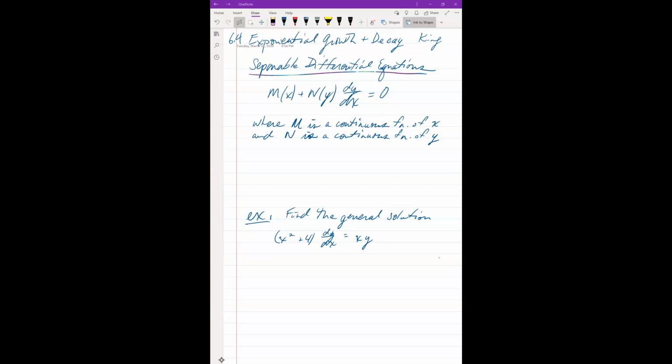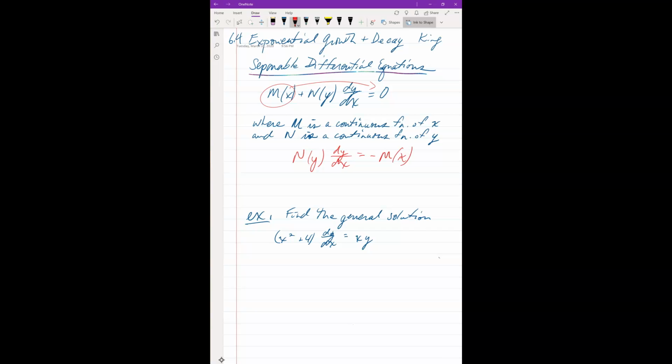Now, we know how to solve these already, but in this general form, here's what it's going to look like. We're going to move M(x), push it to the other side, and that will leave us with N(y) dy/dx equal to negative M(x).